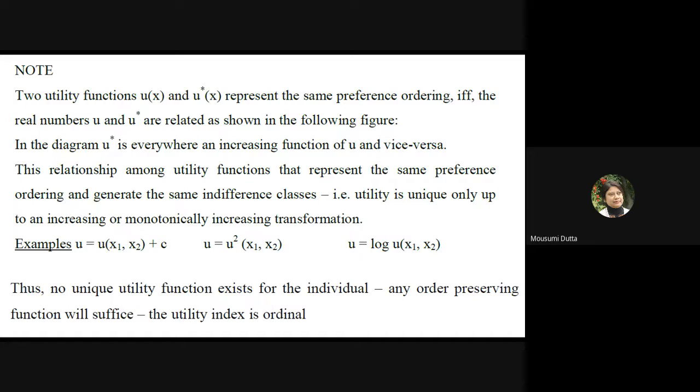In the diagram, U star is everywhere an increasing function of U and vice versa. Vice versa means U is everywhere an increasing function of U star. This relationship among utility functions that represent the same preference ordering and generate the same indifference classes means that utility is unique only up to an increasing, or monotonically increasing, transformation.